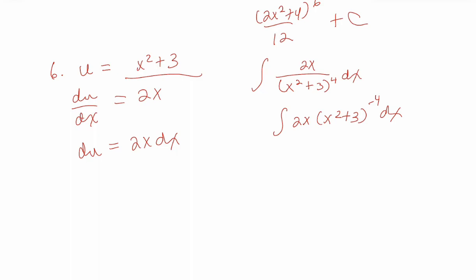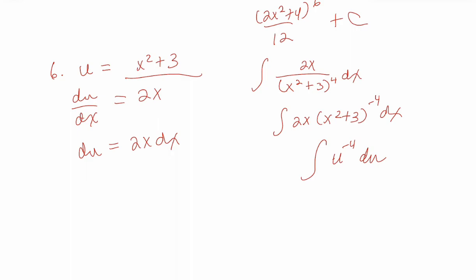So now let's go ahead and do the substitution. So 2x dx just comes out and leaves a du behind. This is a u to the -4. So it's actually a pretty straightforward integration from here. Here's the part you guys mess up.